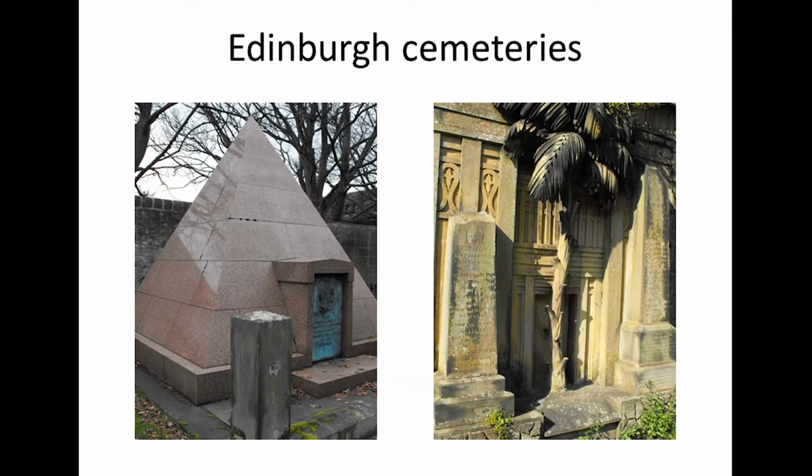The tomb on the right, carved to look like an Egyptian rock-cut tomb, with a carved stone palm tree standing in front of it, is in the Grange Cemetery, and was also built by a wealthy Edinburgh man, William Stewart, for also his dead wife, Susan Ann Bridges. And when she died, William commissioned sculptor Robert Thompson to design a, quote, Egyptian portal to the land of the dead, which then became the family tomb.